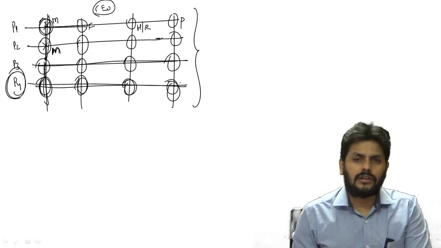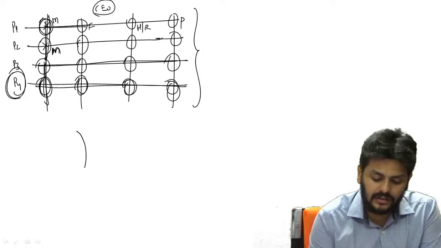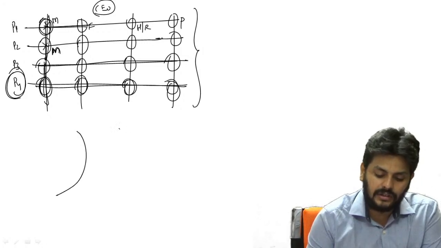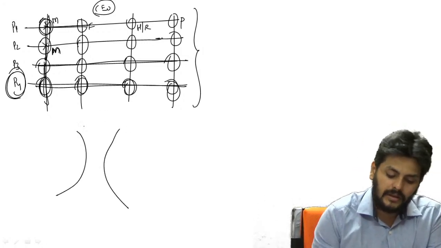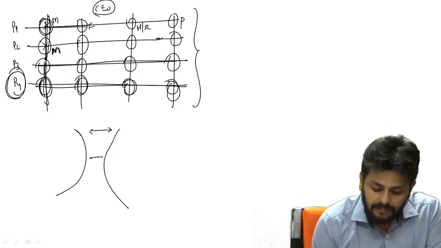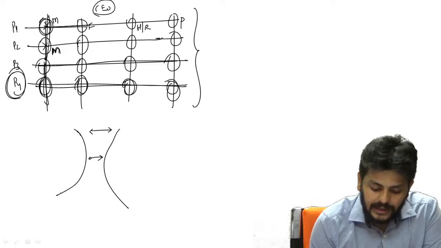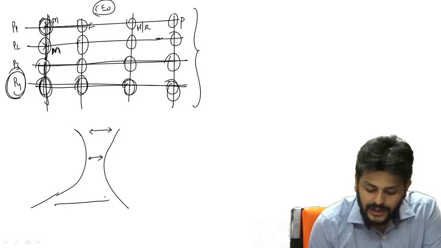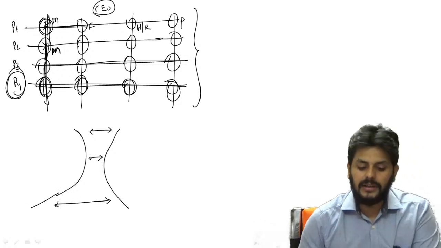Then the last structure that we have is called an hourglass structure. An hourglass structure has a wide top layer, a very narrow middle layer, and the widest bottom layer.